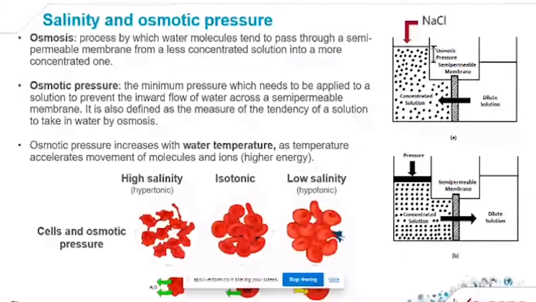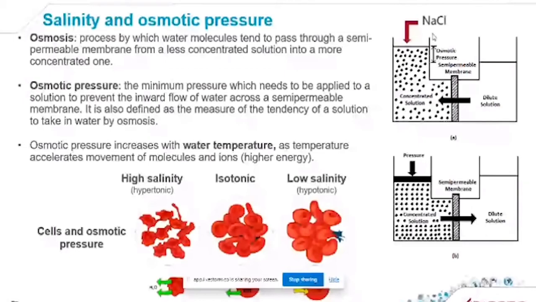Let me explain through the graph on the right-hand side. I hope you can see my arrow. Here you have a U-shaped container separated in the middle at the bottom by a semi-permeable membrane, which can let small water molecules flow through, but not larger ions. So what happens in this case?